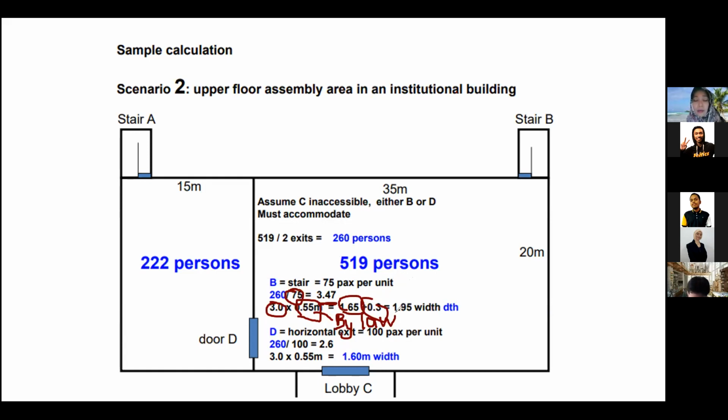It is most probably 1.95 width of one door. Okay, this is as per schedule. At the end of the day, you have the 1.6 meter as the width for the door here to go outside from this shopping complex.